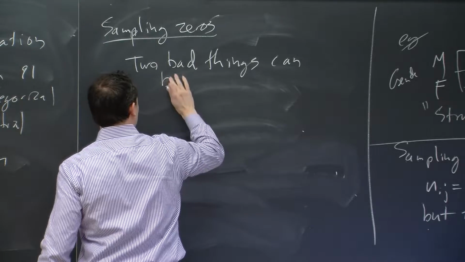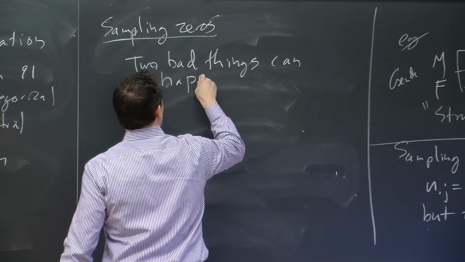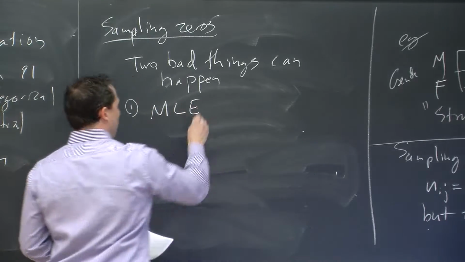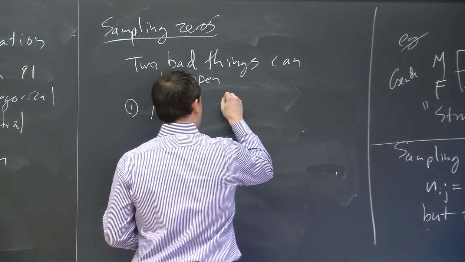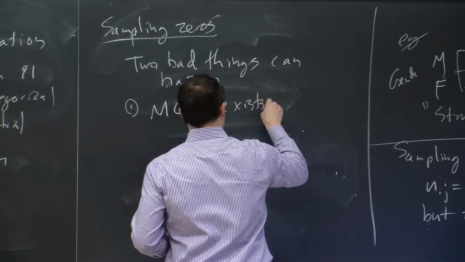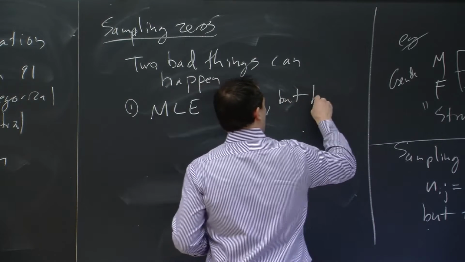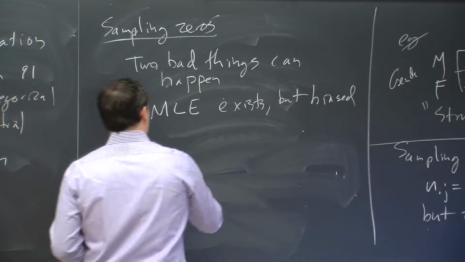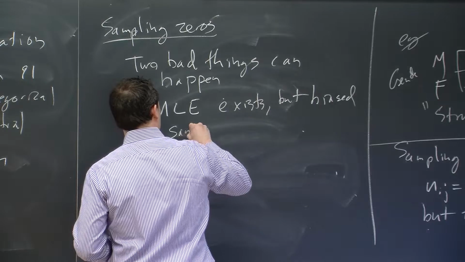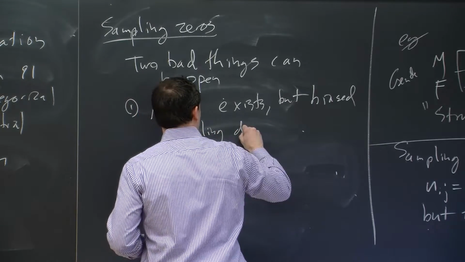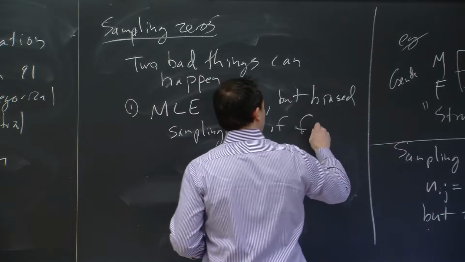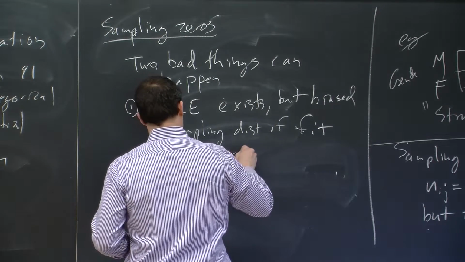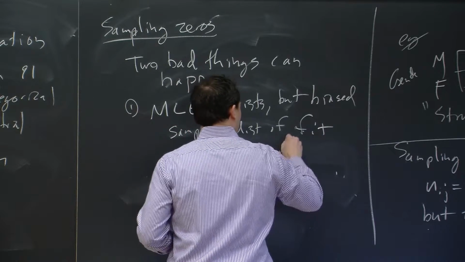Two bad things can happen, at least. One, when we try to fit a maximum likelihood estimate, it might exist, but it's biased. Another thing that's happening here is that the sampling distribution of the fit statistics, like the chi-squared, is poorly approximated.